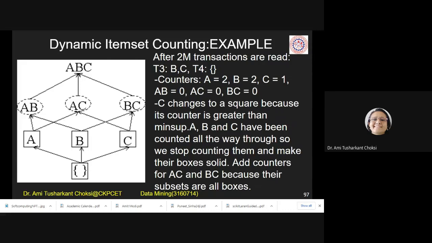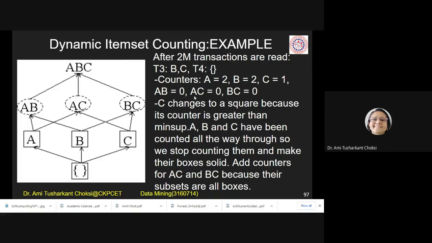So we are adding the counter for those two item sets, and that is equal to 0. We are initializing that. For any counter, first of all, it is initialized to 0. Then after that we change it, right? So AB is equal to 0.